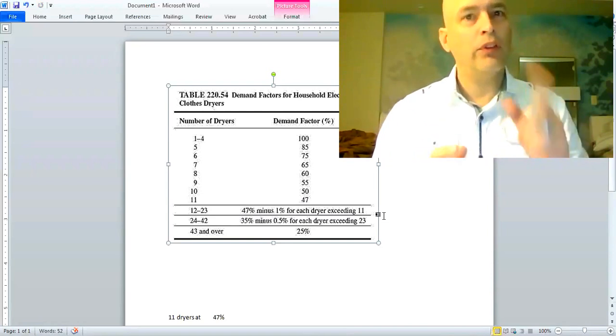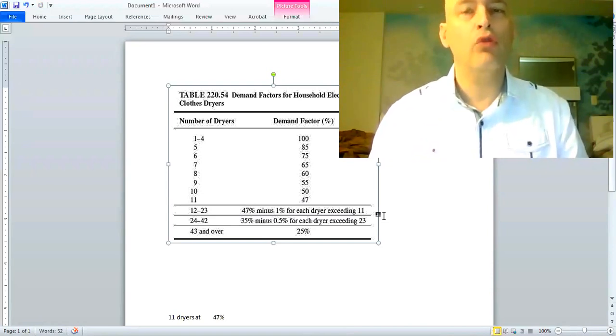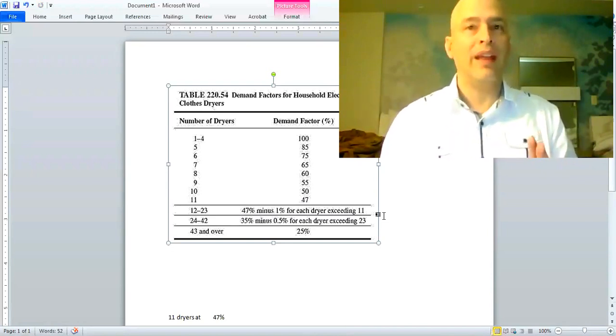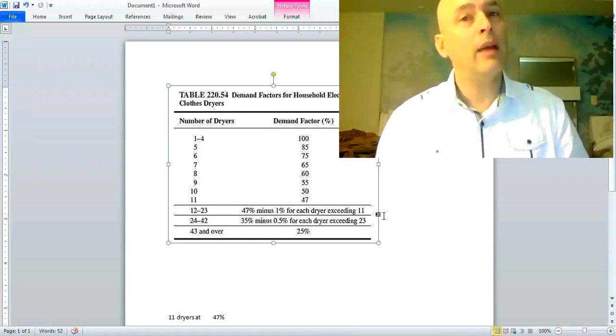So for example, this table is listed as Table 220.54.